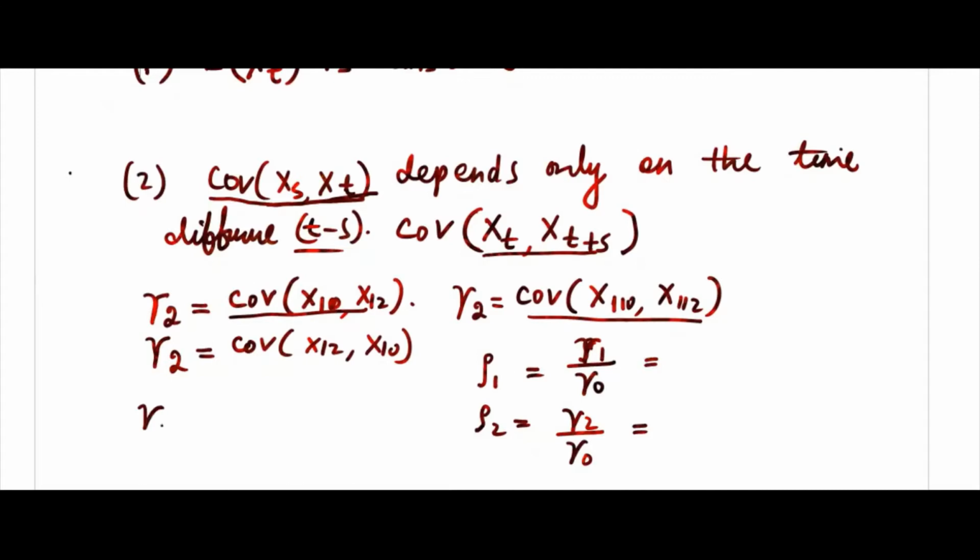Gamma naught is the covariance of Xt with itself here. You write 0, 0, 1, 1, 2, 2, it doesn't matter. And that is gamma naught. So if you divide by gamma naught, you will get autocorrelation. Autocorrelation of lag 1. Autocorrelation of lag 2. Again, we will discuss more whenever we consider an example, what lag 1 and lag 2 are and how we can use them later. For the time being, just remember the symbols, okay?